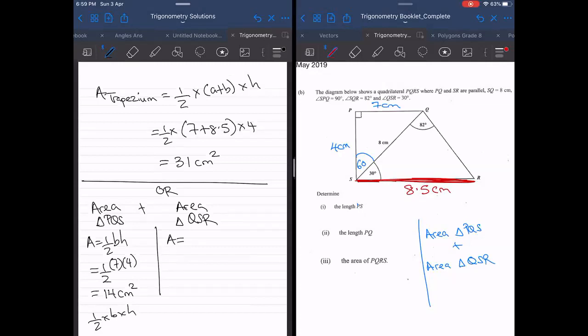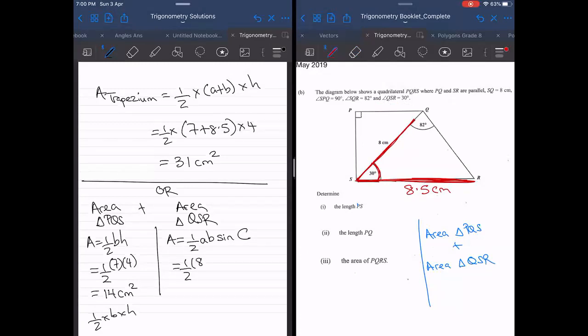Right, and for this one, remember this area QSR now, that's a non-right angle triangle. So the area of that triangle is a half AB sine C. Let me erase everything just to remind us. If you want to find the area of a non-right angle triangle, you use one of the angles and the two sides making the angle.